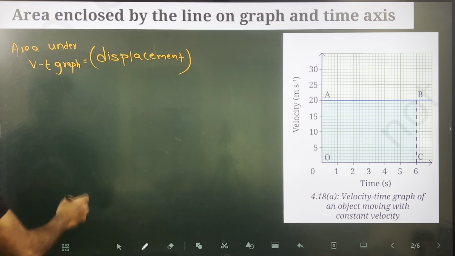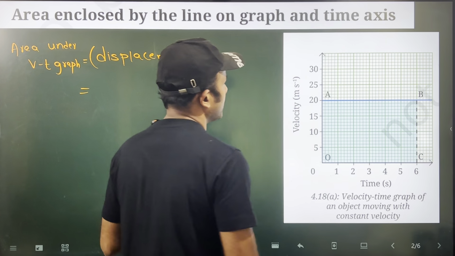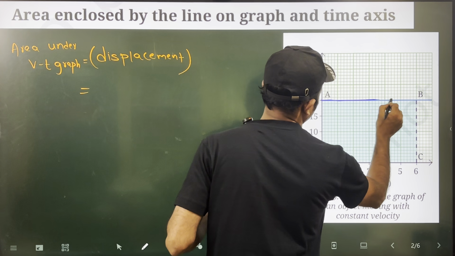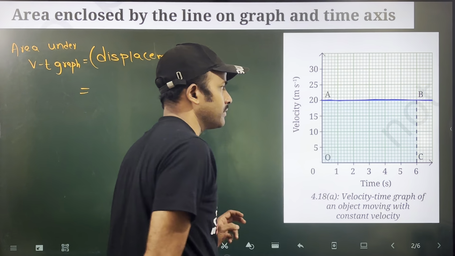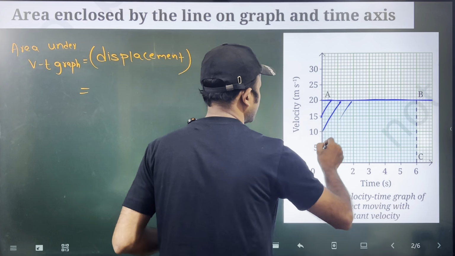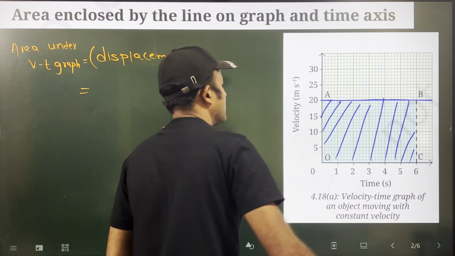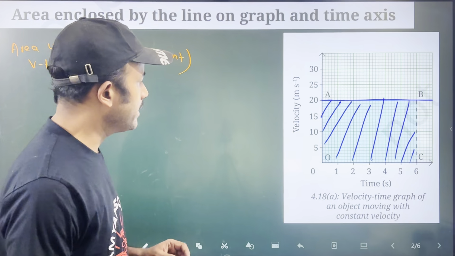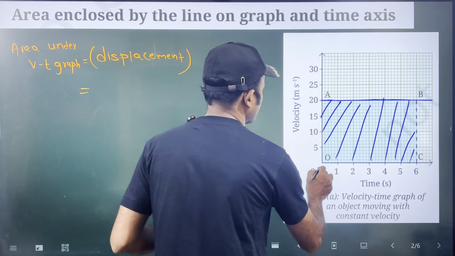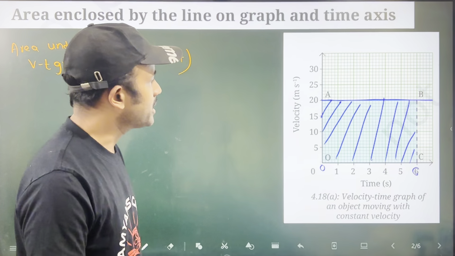Area means the region under this line, the shaded region. This is the velocity time graph, right? Under this line, the shaded part, this area gives you displacement. From 0 seconds to 6 seconds we can find out the displacement of the object.